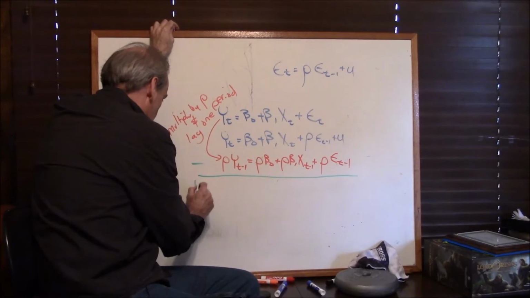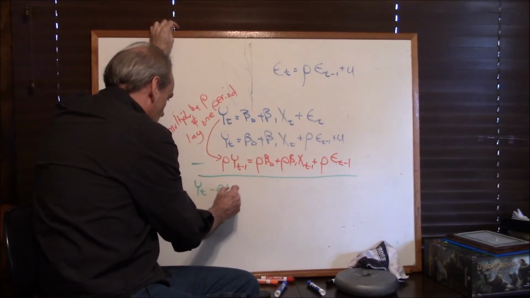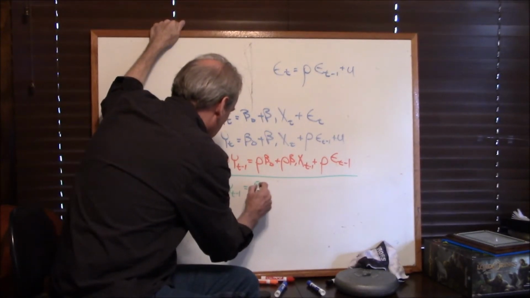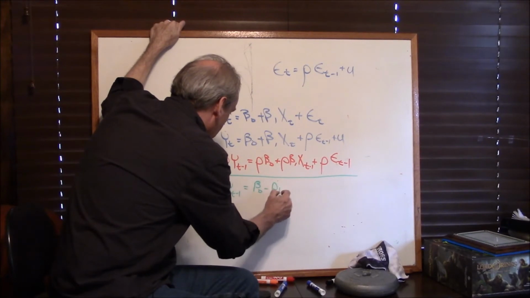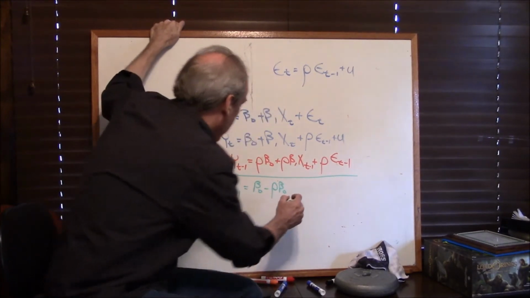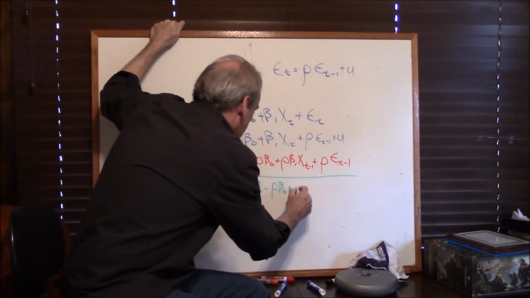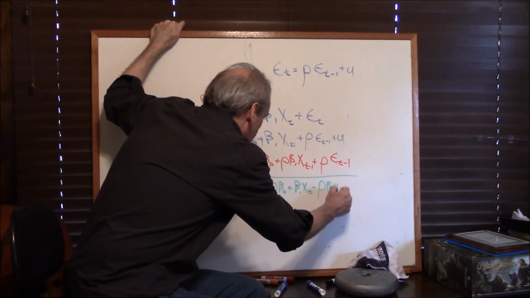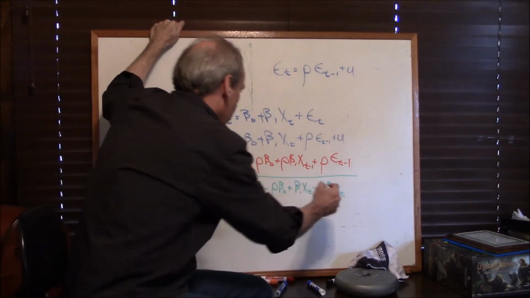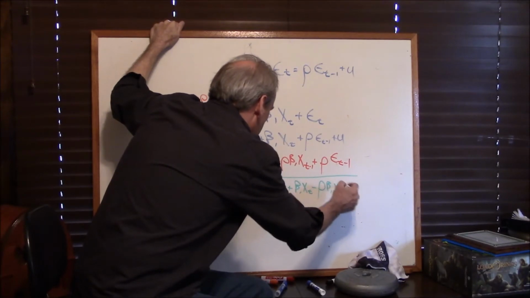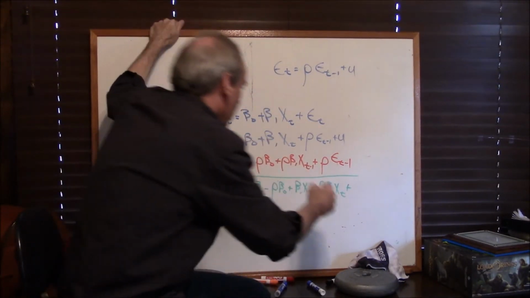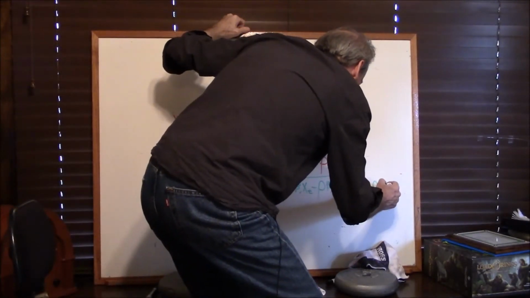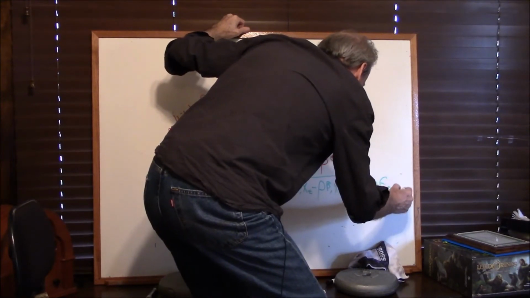You would get y sub t minus rho y sub t minus 1 is equal to beta sub 0 minus rho beta sub 0, plus beta 1 x sub t minus rho beta 1 x sub t minus 1, plus e sub t minus rho e sub t minus 1.